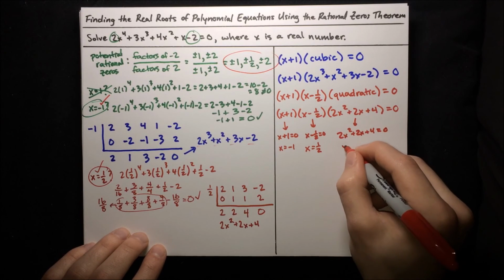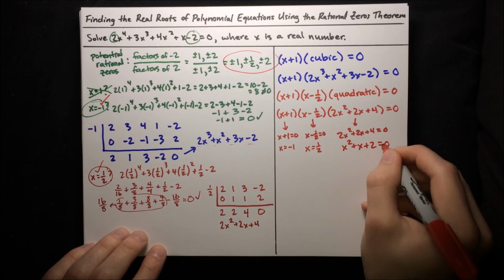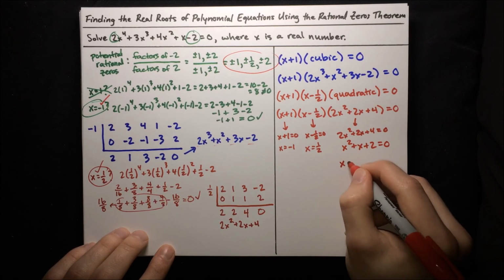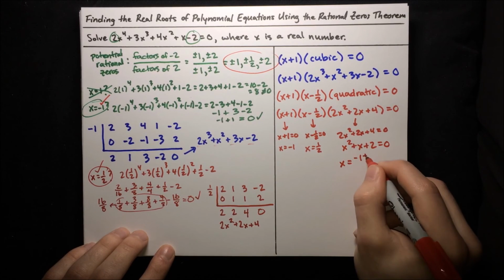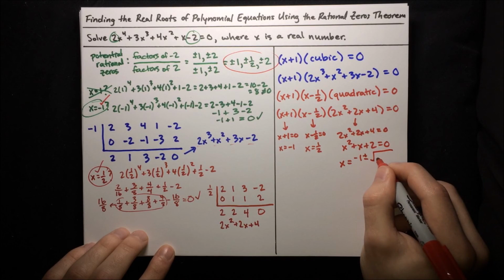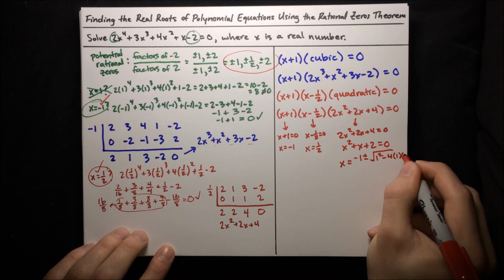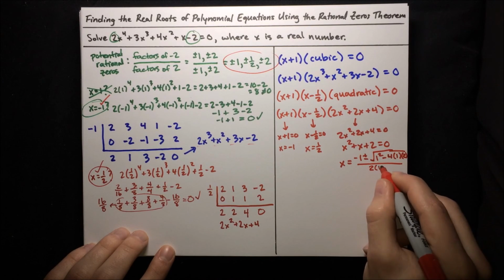Why don't we simplify this a bit? Divide by 2 to get x squared plus x plus 2 equals 0. And it doesn't look factorable, so let's just stick it in the quadratic equation. x equals negative b, so negative 1, plus or minus the square root of b squared, so 1 squared, minus 4 times 1 times 2, all over 2 times a, so 2 times 1.